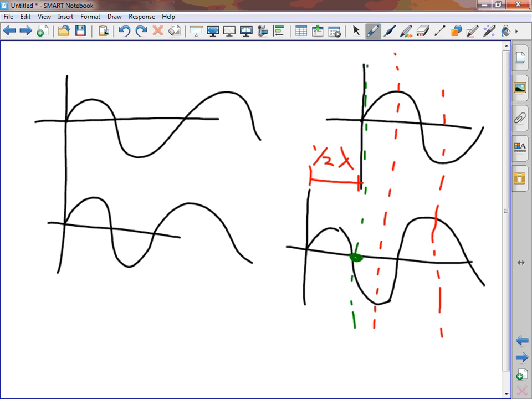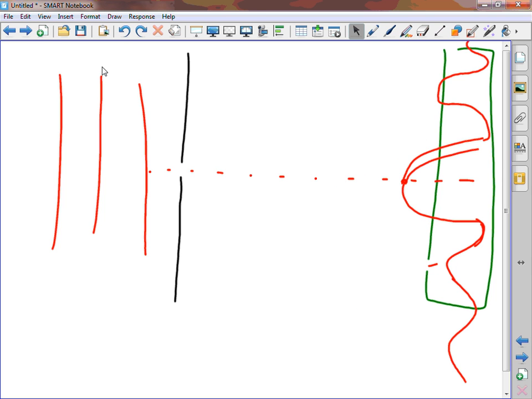Okay, a lot of points. Yeah? What exactly does it mean to make it have to travel an extra half wavelength? I'm glad you asked. Now, back here, at this spot right here, some of the light has to travel further than other light.